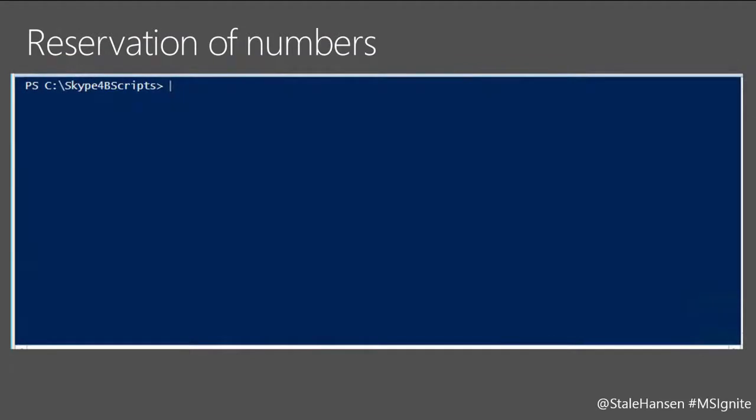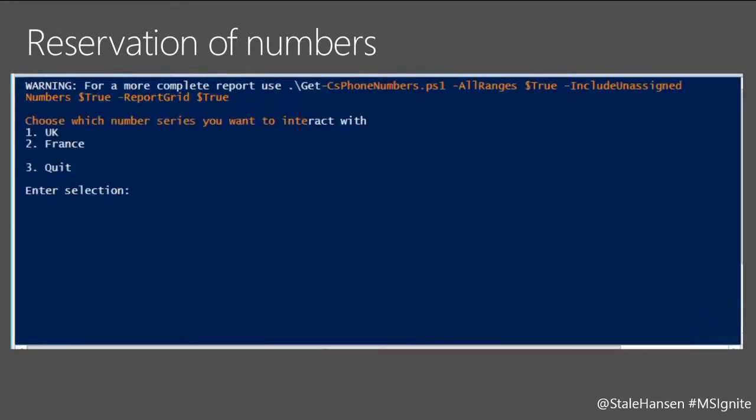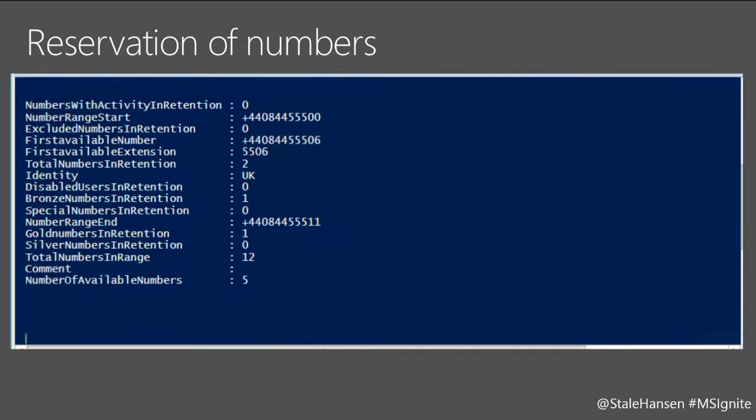So running the script, selecting UK, you see now we have two numbers in retention. We have a gold number and a bronze number. And the first available number now is 06, or 5506. So that's an easy way to reserve numbers, within the script or through unassigned numbers.